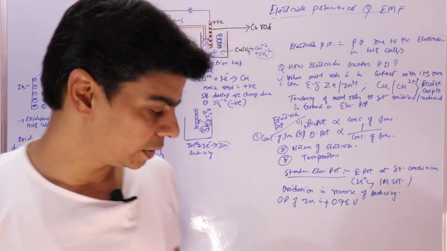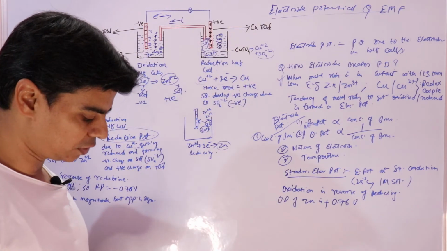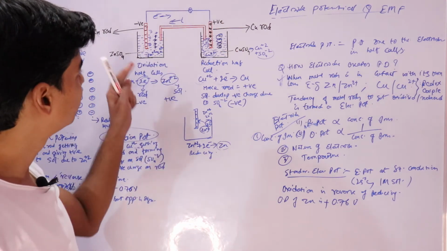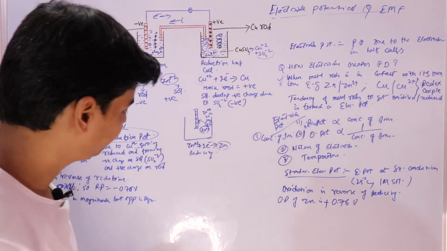So if we want to calculate the EMF of the cell, EMF of the cell would be mathematically the sum of oxidation potential of anode and reduction potential of cathode, right.